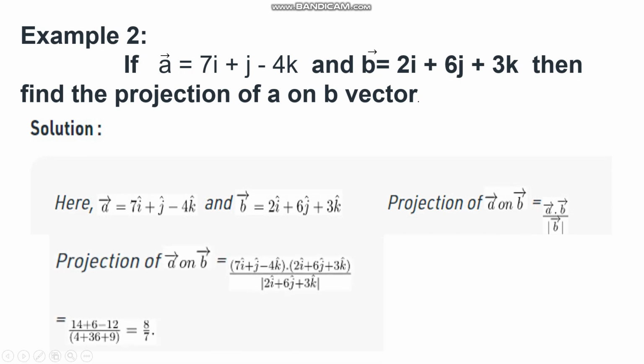So, projection of A on B is equal to the quantity of A dot B over the magnitude of B. We just need to substitute the values for A and B. For A, we have 7i plus j minus 4k, dot 2i plus 6j plus 3k, over the magnitude of 2i plus 6j plus 3k.